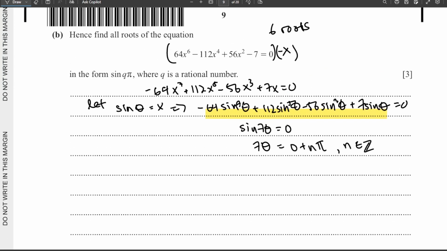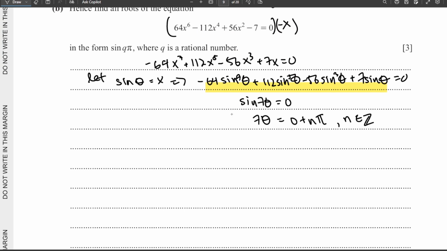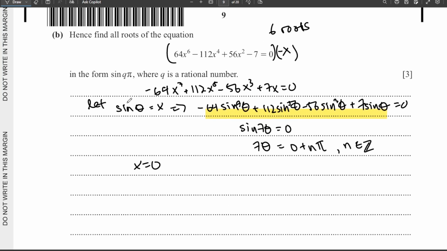So probably we cannot take 0 in this case. We cannot take theta equal to 0, because if you take theta as 0, that means x equals 0 is a root for the equation that we manipulated, the x power 7, yes, this is a root for that equation.